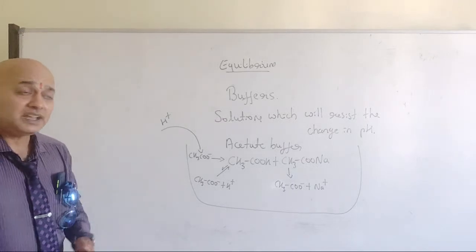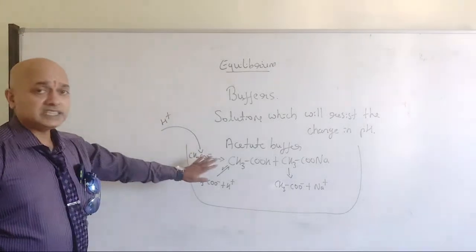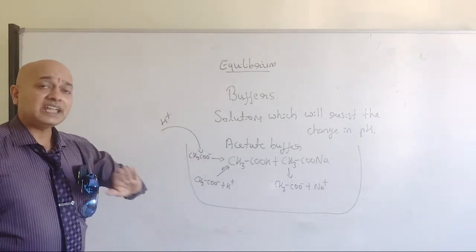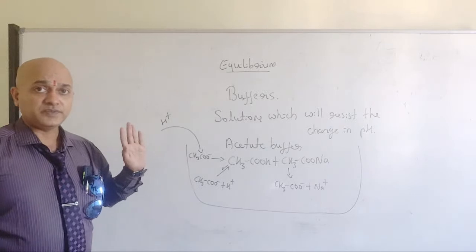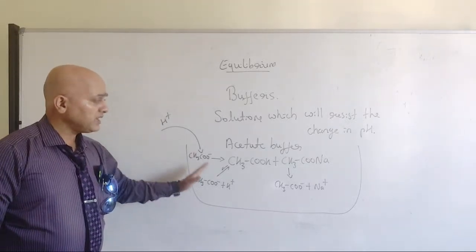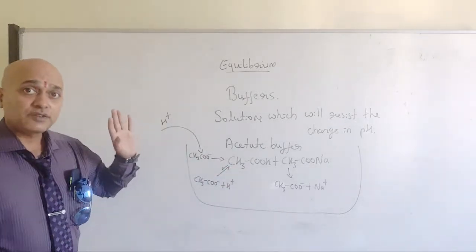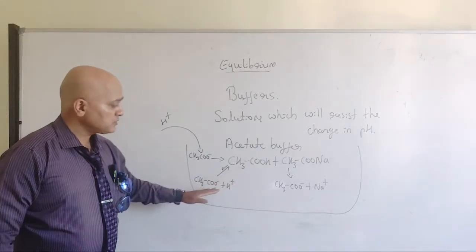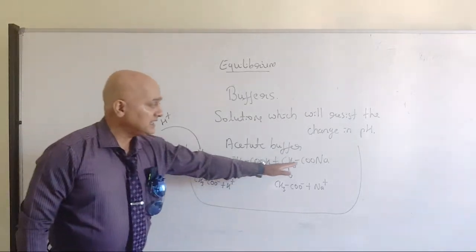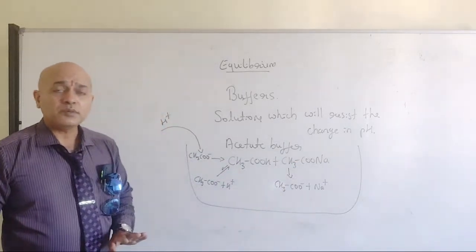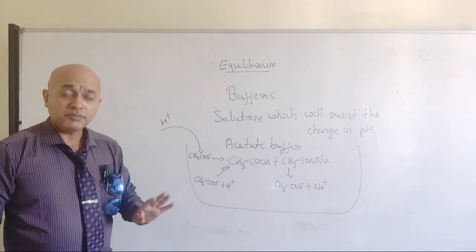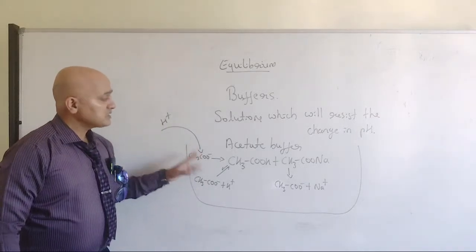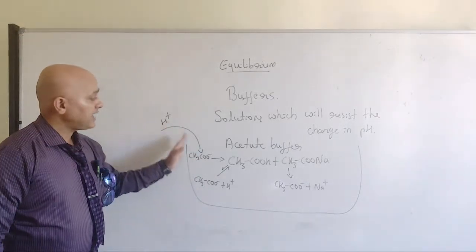So there is no change in the pH, because whatever H plus we are adding is taken up by the acetate ion, the conjugate base of acetic acid. This acetate ion came from the small dissociation of acetic acid and the dissociation of sodium acetate, which is a salt that dissociates in water. So there is no change in the pH, although we have added H plus from outside.